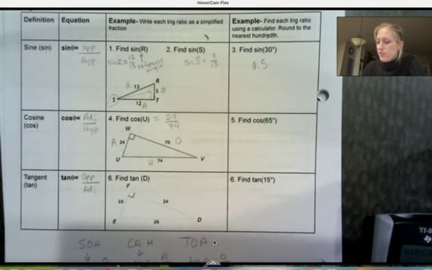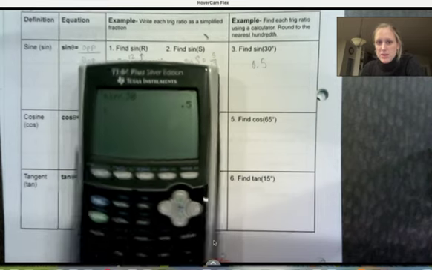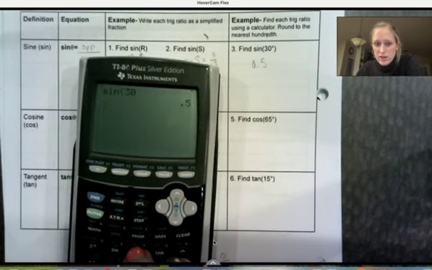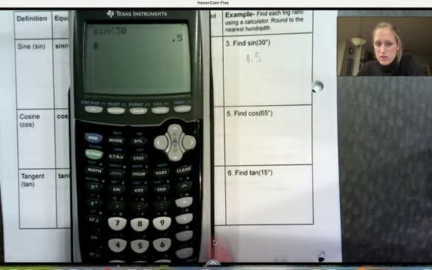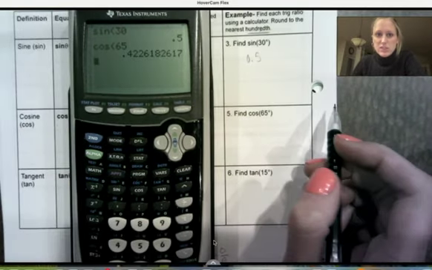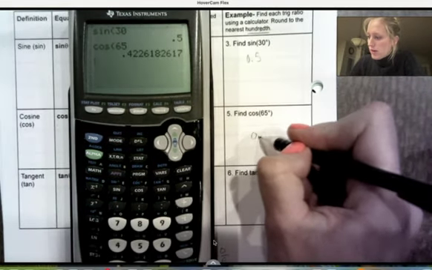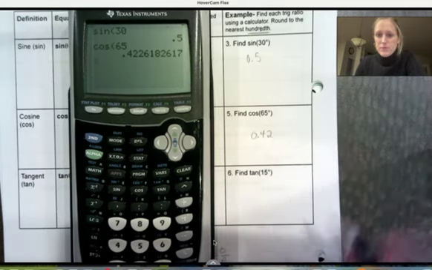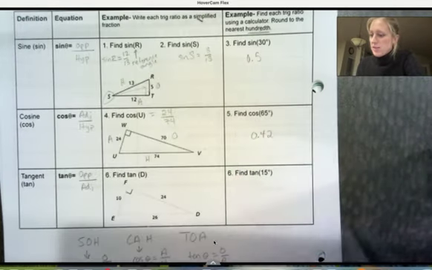Now, cosine of 65. Again, I'm going to type in cosine here, and then 65, hit equals. This says round to the nearest hundredth, that's 2 decimal places, so we're going to go 0.42.